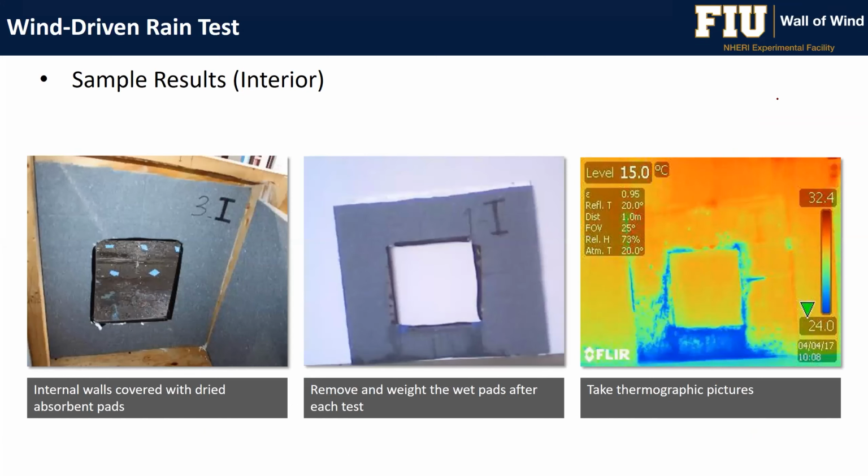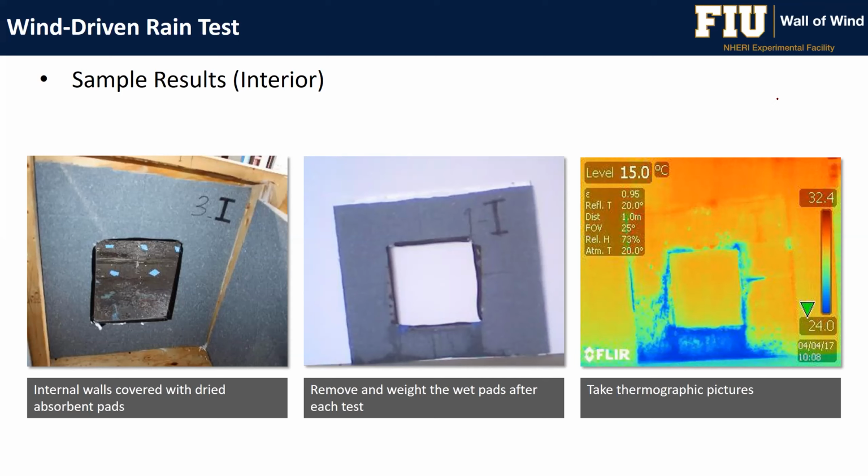This is a different study that we did a couple of years ago. The focus here was to see how the rain is distributed on the interior of the building. So we create artificial openings. We can assume that we have a broken window or some sort of breach on the roof or the wall. And we were trying to identify the distribution of rain on the interior compartment of a low-rise building.